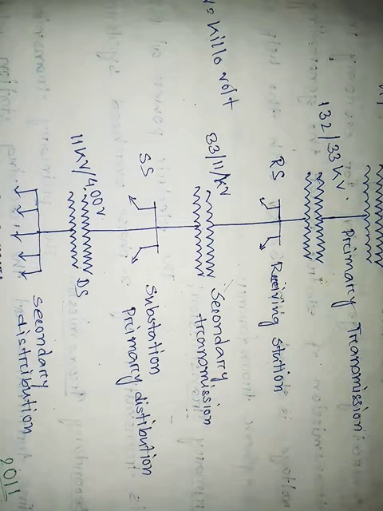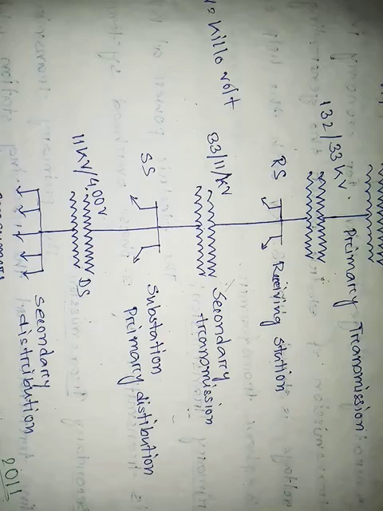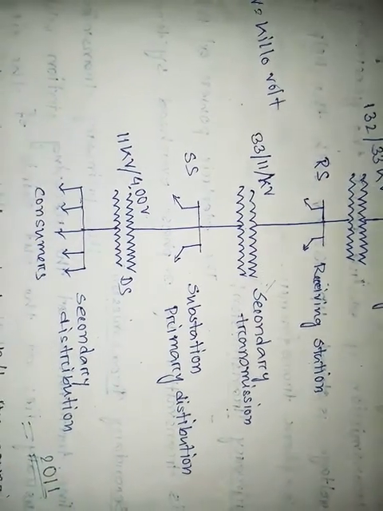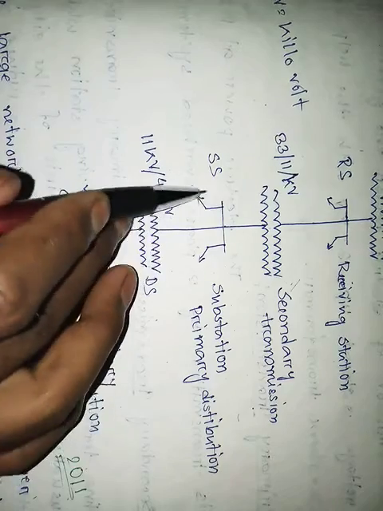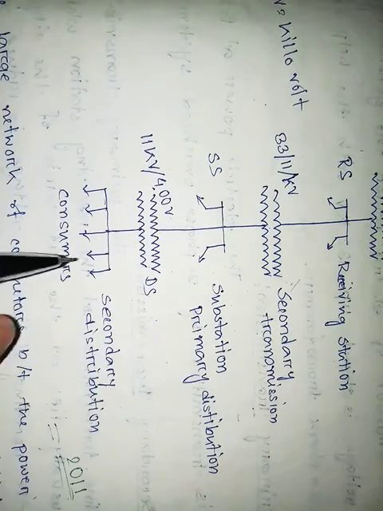From this station, electrical power is transmitted at 33 kV by a 3-phase 3-wire overhead system to various substations. We know that in every locality a substation is present where power is coming in. Now this section is coming to the substation part.